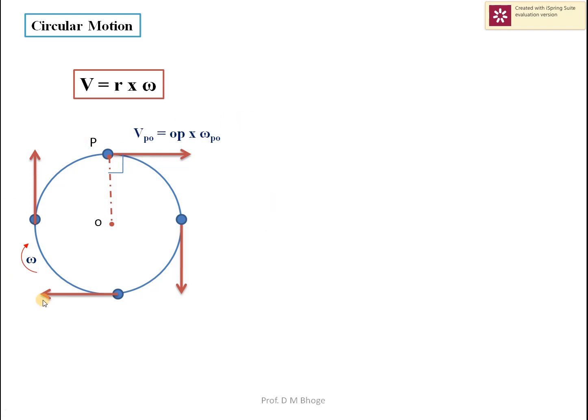Now here we will speak in terms of relative motion. P rotates about O. So what we say, velocity of P relative to O is equal to radius of rotation OP into angular velocity of P relative to O. So VPO is equal to OP into omega PO.